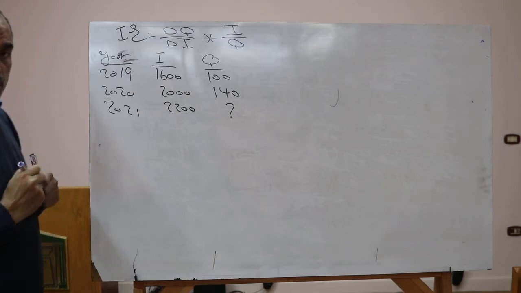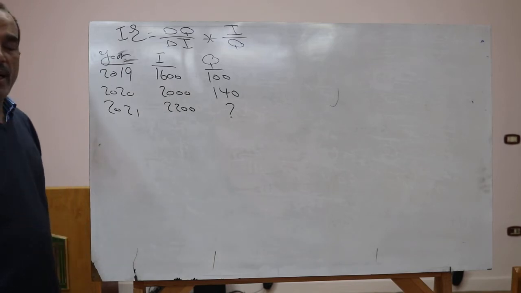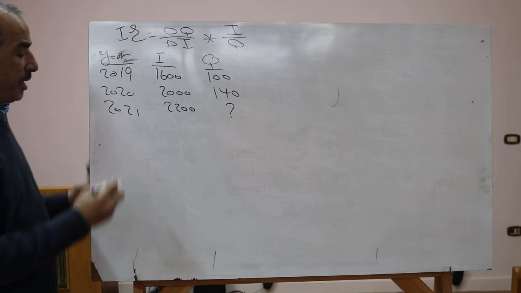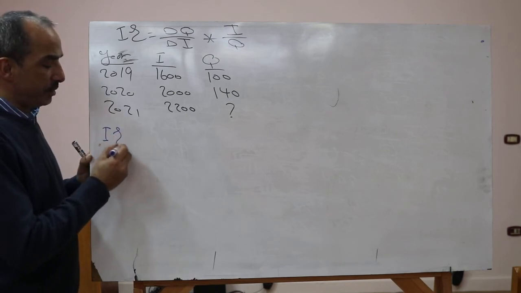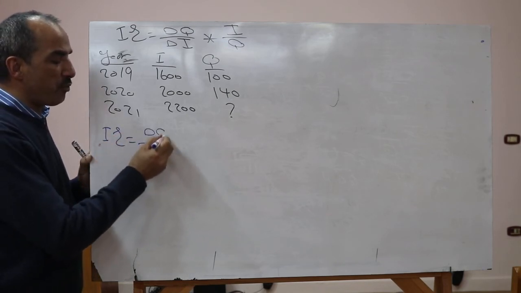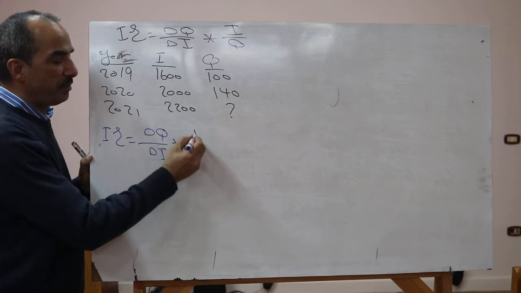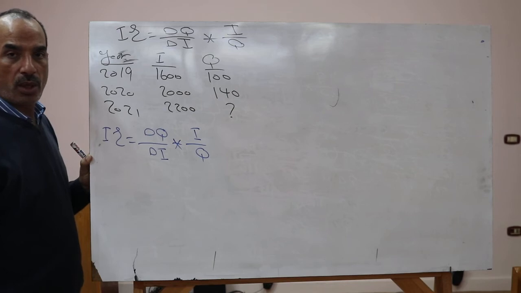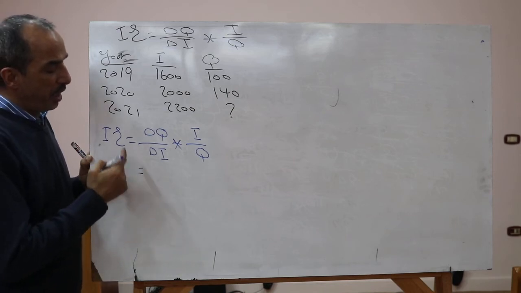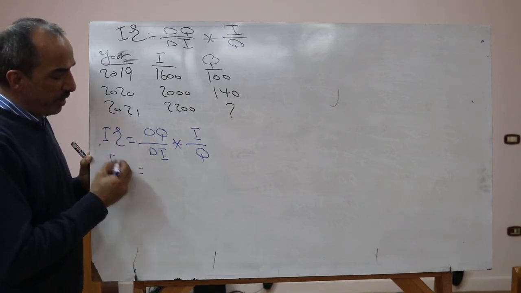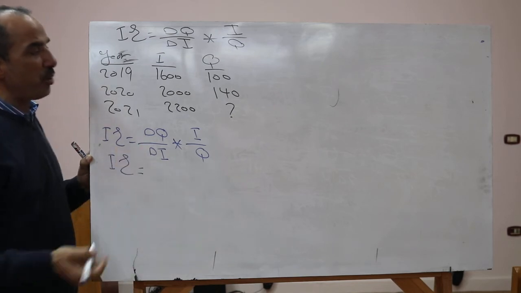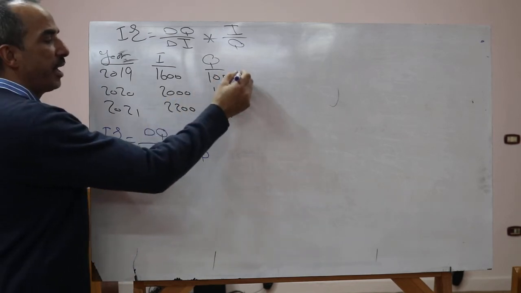Now, use the income elasticity. Income elasticity equals the change in quantity over the change in income, times the income over the quantity.